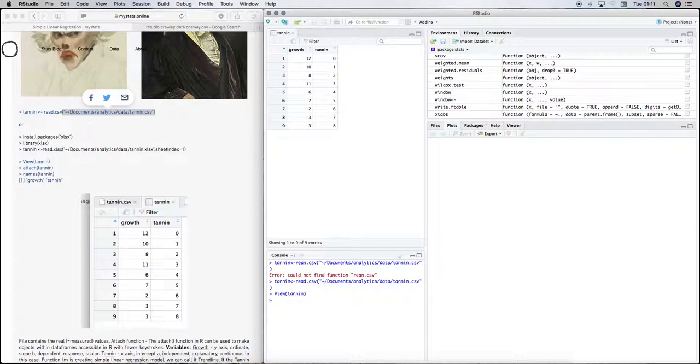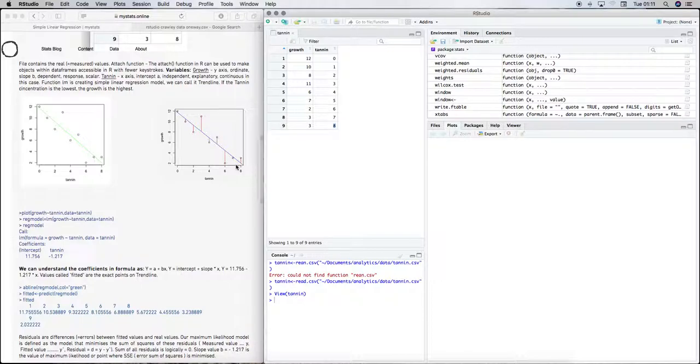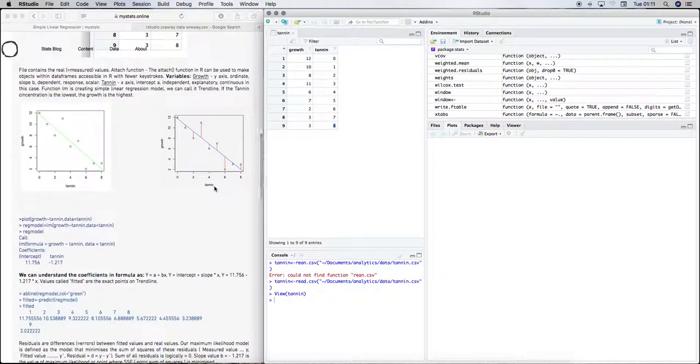We can see that if the concentration of the tannin is the lowest, then the growth is the highest, and if the concentration of the tannin is the highest, then the growth is the lowest. So we can expect a decreasing trend, but to be sure, we can certainly plot the graph.